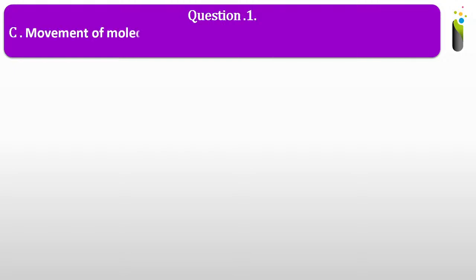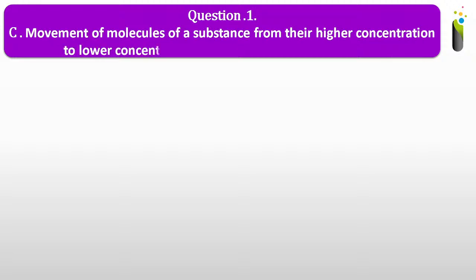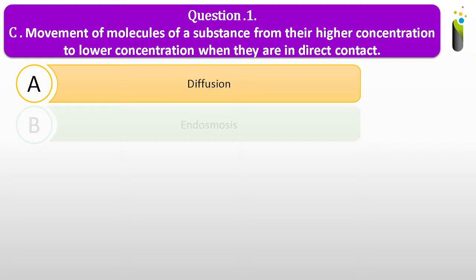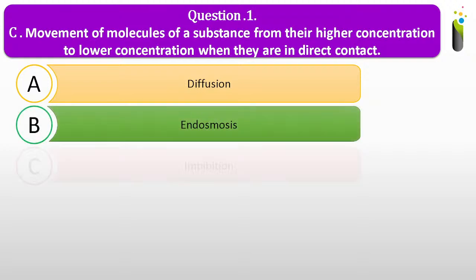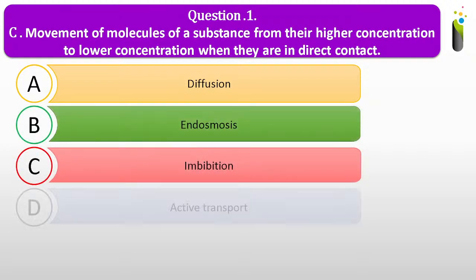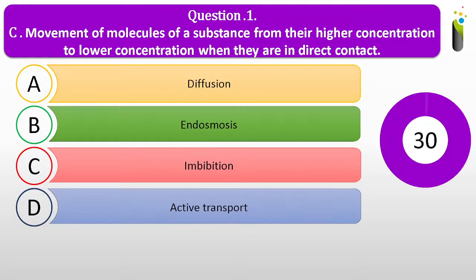Question number 1, sub-question C. Movement of molecules of a substance from their higher concentration to lower concentration when they are in direct contact. A. Diffusion. B. Endoosmosis. C. Imbibition. D. Active transport.